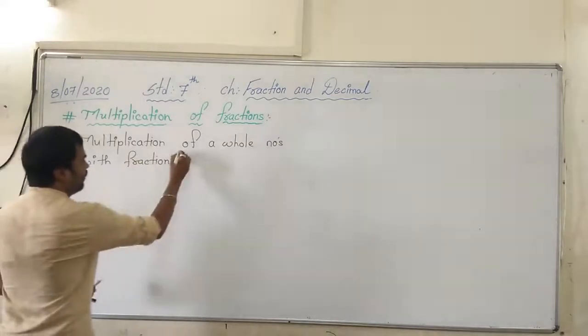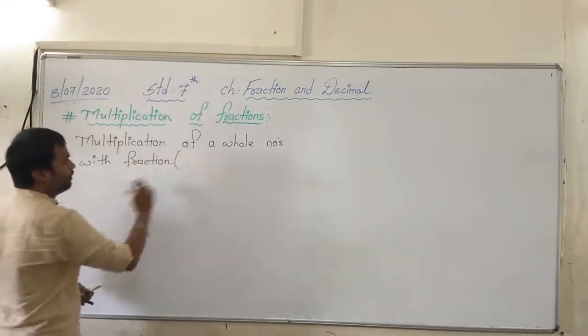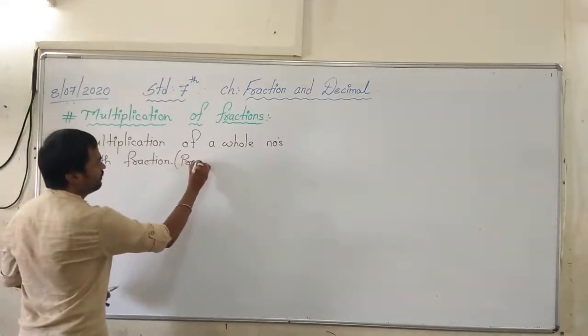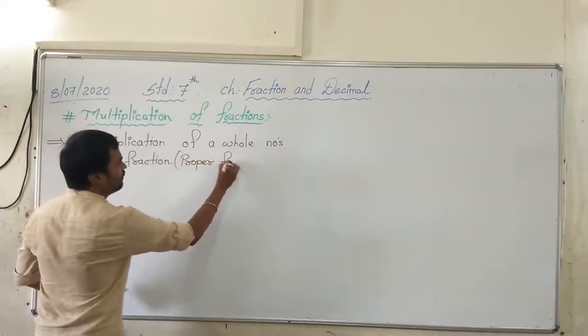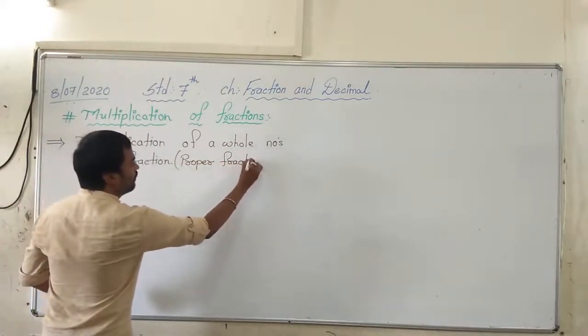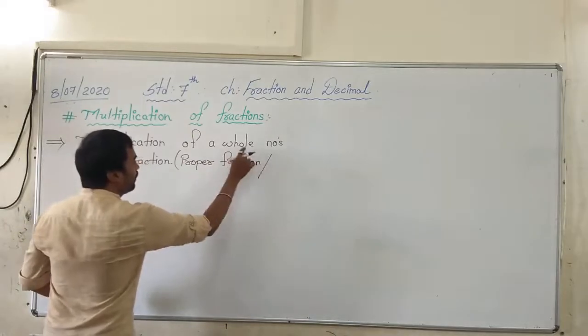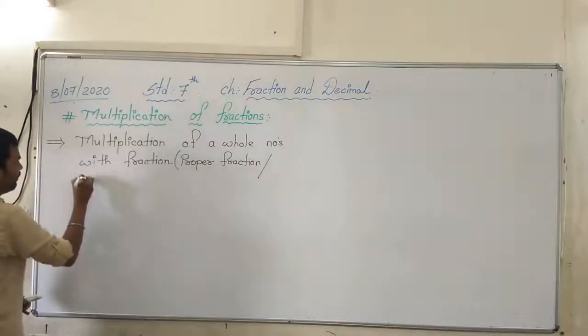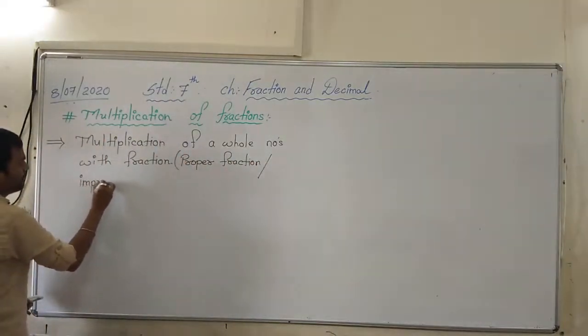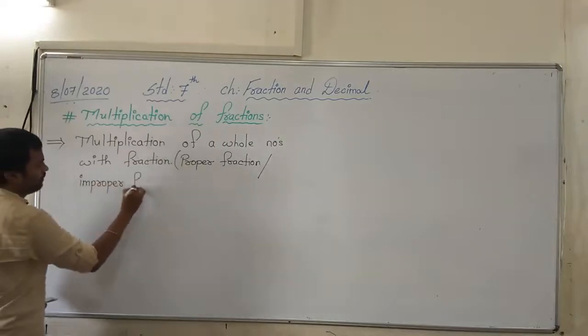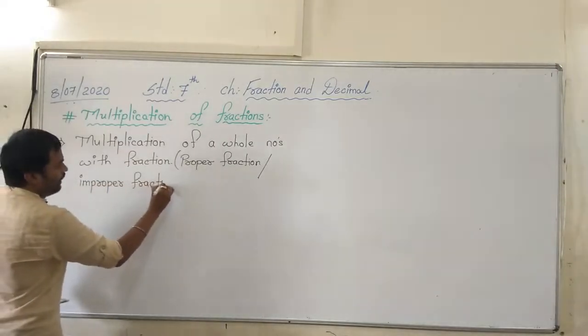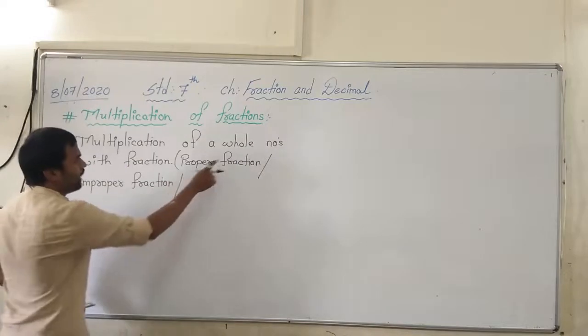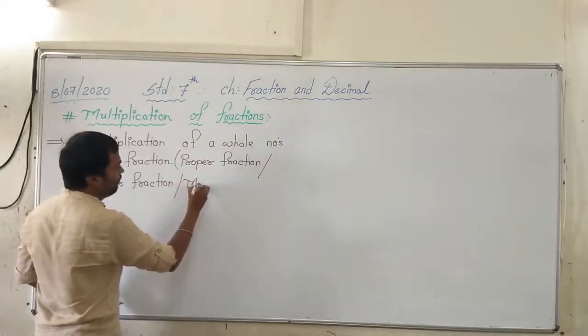That is, we are going to multiply a whole number by a proper fraction. We are going to multiply a whole number by an improper fraction. And finally, we are going to multiply a whole number by a mixed number.